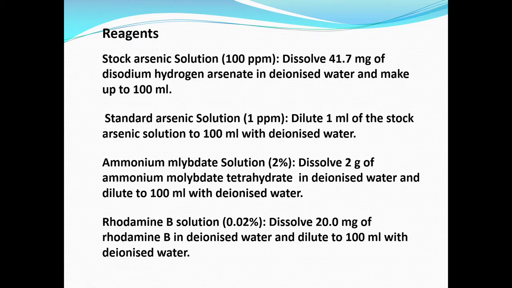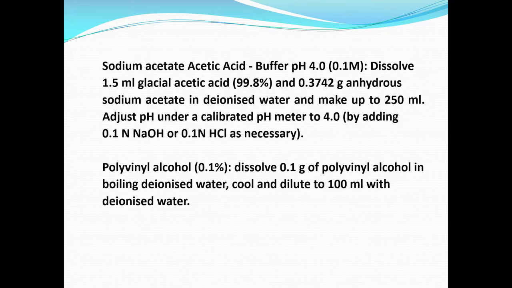For that, you just have to dissolve 20 milligram of rhodamine B in deionized water and dilute to 100 ml. Now, you also need a sodium acetate and acetic acid buffer of pH 4.